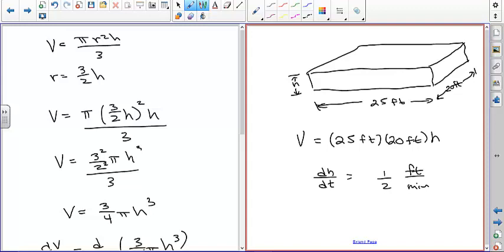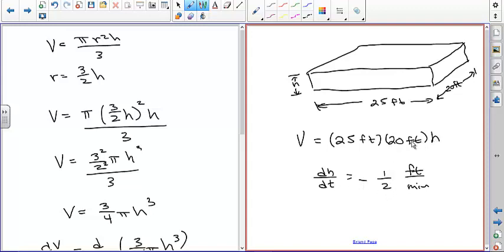Okay. So Cassie, should that number be positive or negative? Right. Yeah, because the height is getting smaller. And that makes sense too, because the rate of change in the height is getting less.